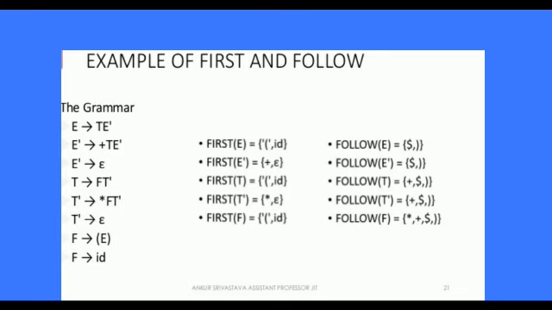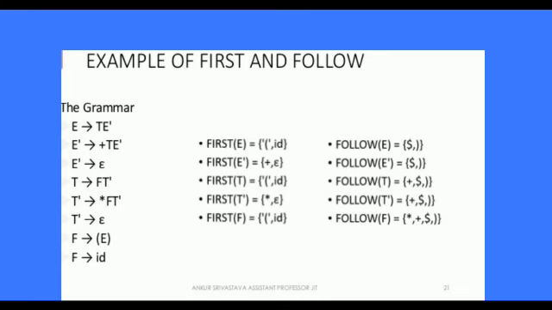Open parenthesis, you are having the E value, that's why I substituted the E value here in the first of T, that is open parenthesis and ID. First of T dash, next line, T dash value is star F T dash in the problem, and again T dash has another value, that is epsilon. In the first of T dash, the first symbol is star, that's why I am taking the input string star, and the next one is epsilon.